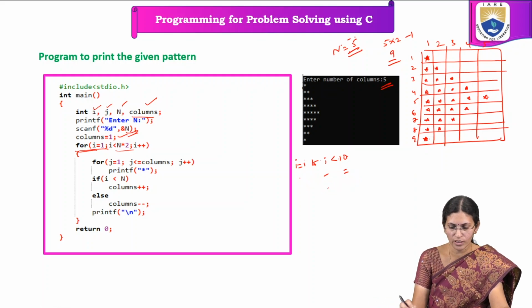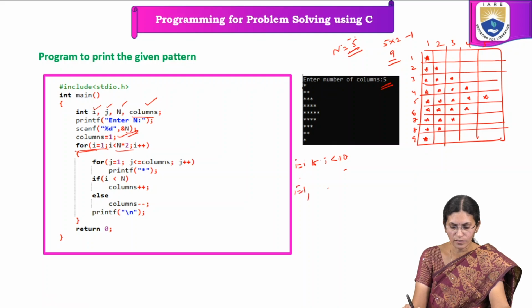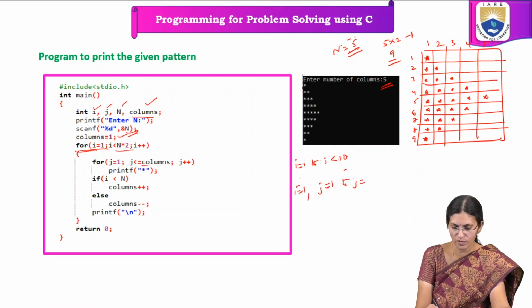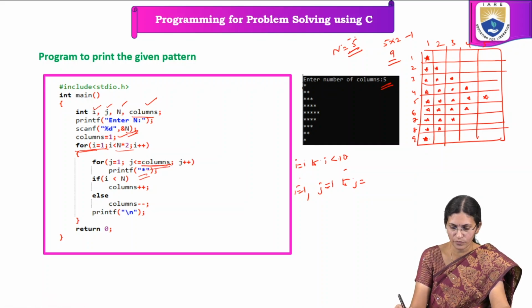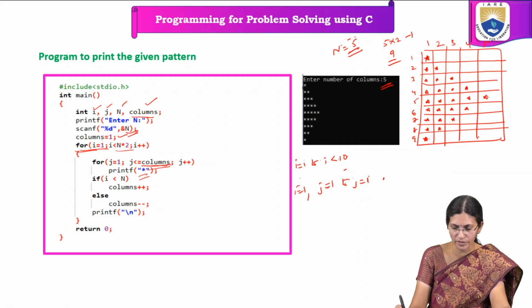Now let us see how the inner for loop statements are executed. For i equal to 1, j goes from 1 to j less than or equal to columns. Till this condition becomes false, the print statement will be executed, that means printing of the star pattern. Here columns is equal to 1, so one star will be printed.